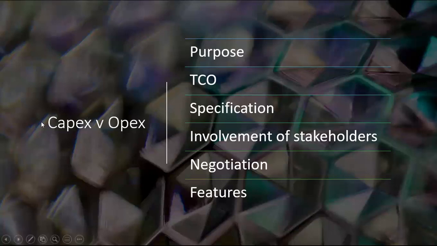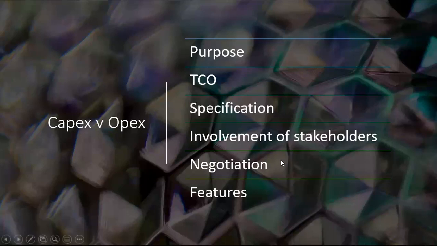Since Capex is more complex, it has the involvement of a wider range of stakeholders, and Capex is very costly, so it sometimes needs approval from senior management, and therefore the involvement of stakeholders is stronger here.